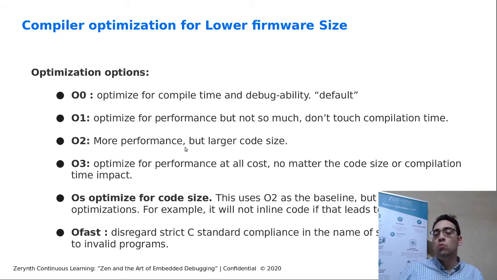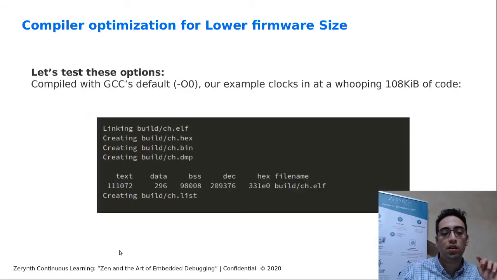O2 is more performance, so it's going to be faster, but this will result in larger code memory. O3 is performance at all cost. Os is optimized for code size, and this is what we are trying to achieve in this example. And Ofast is the fastest, but this may lead to invalid programs, so take care with using this option.